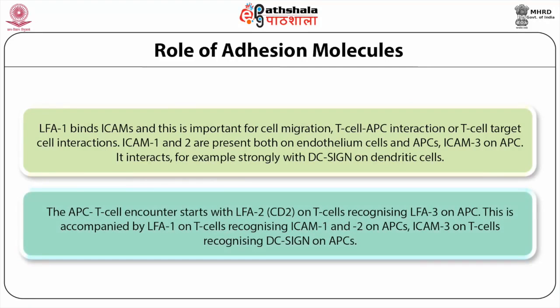The APC T cell encounter starts with LFA2 on T cells recognizing LFA3 on APC. This is accompanied by LFA1 on T cells recognizing ICAM1 and 2 on APCs, and ICAM3 on T cells recognizing DC-SIGN on APCs.